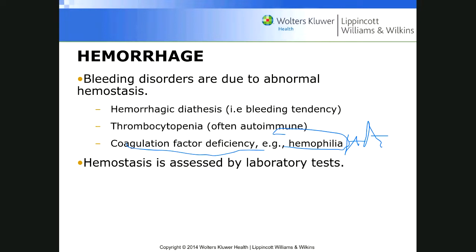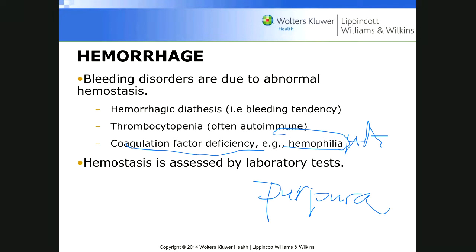Okay, so it could be TTP, thrombotic thrombocytopenic purpura. Purpura is what we're going to see, a larger area of blood pooling in your skin, for example. Okay, purpura.